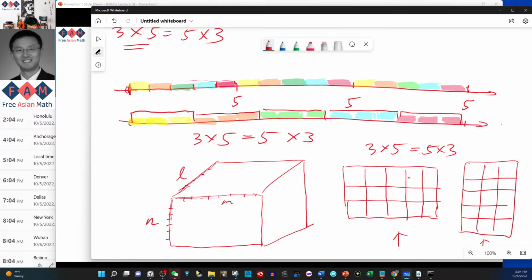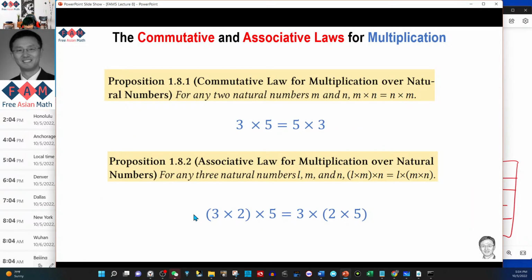This is a rectangular prism, or let's just say this is a block. So L, M, N means that you have L times M times N. It doesn't matter which you group first. You still get the same volume. That's what the associative law is.